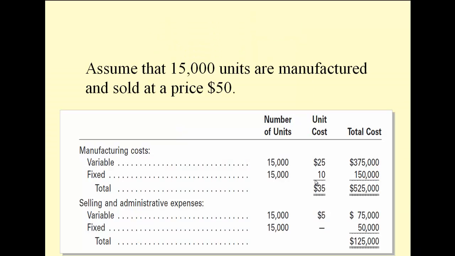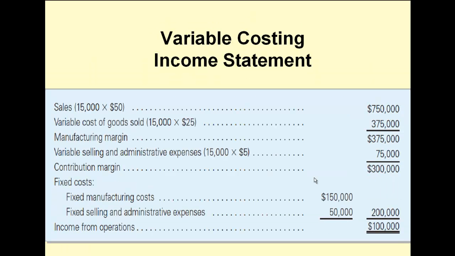But $25 is the amount we're going to use here for the unit cost, because we're not going to include this amount of fixed manufacturing overhead in the unit cost. We're going to account for it, but it's going to be down here at the bottom. See this $150,000? We're going to expense all of this in its entirety right now. We're not going to treat it as being an inventoriable cost.